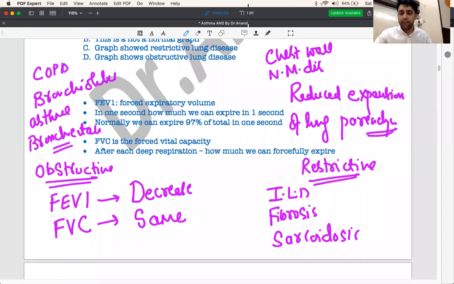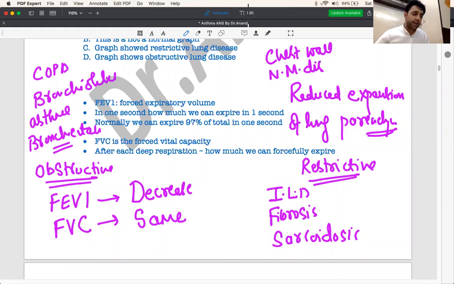I will not be able to blow nicely in the first second, and my total forced vital capacity also will be compromised, because I'm having fibrosis. I have a problem in the expansion of the lung parenchyma. Are you understanding?